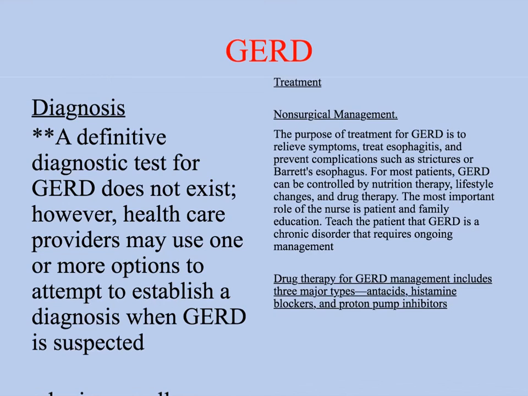I want to make it pretty clear, those are not the things that cause GERD, but they can irritate it because they make that stomach content more acidic. So if there is a reflux of the stomach content, it will be much more irritating and the patient will be more symptomatic. Like I said, large meals increase the volume and the pressure in the stomach.